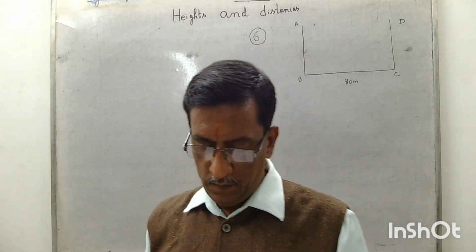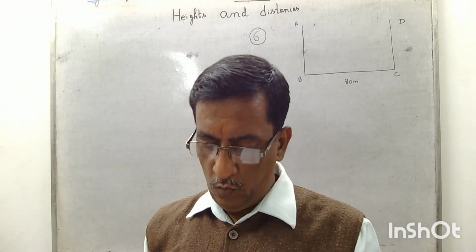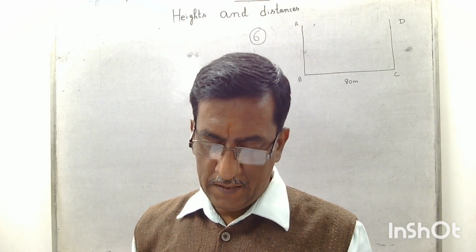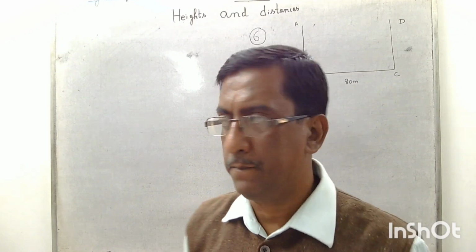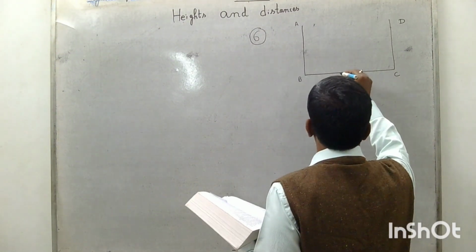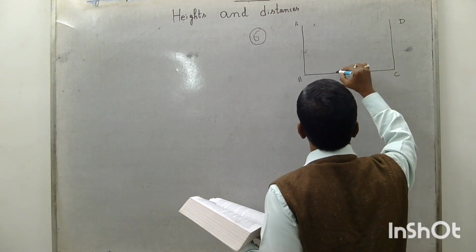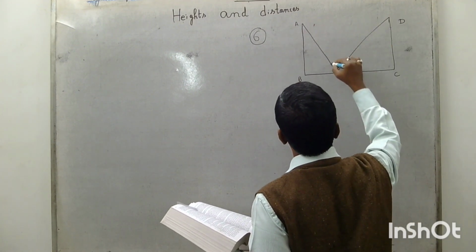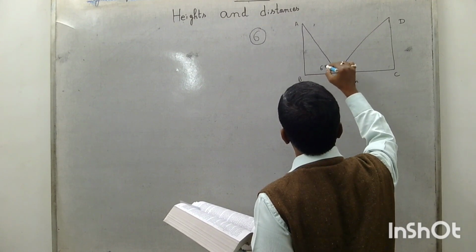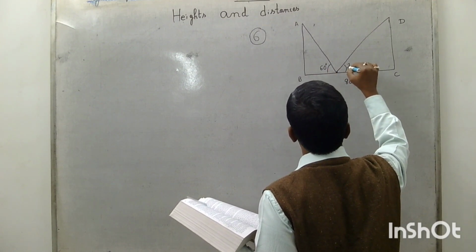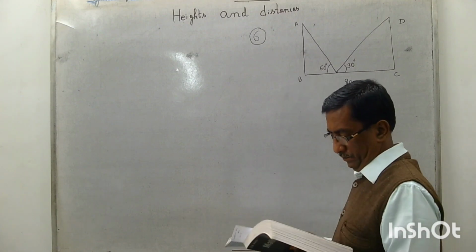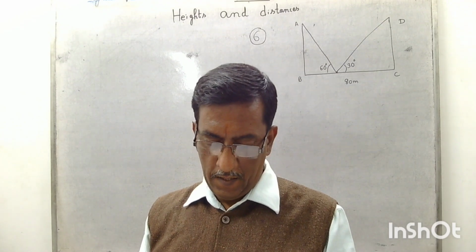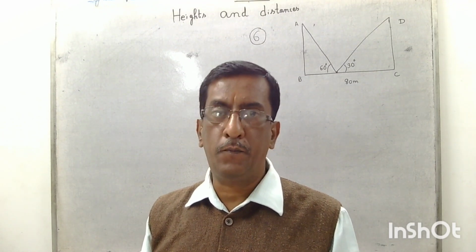From a point between them on the road, the angles of elevation of the top of the poles are 60 degree and 30 degree respectively. Find the height of the poles and the distance of the point from the poles.